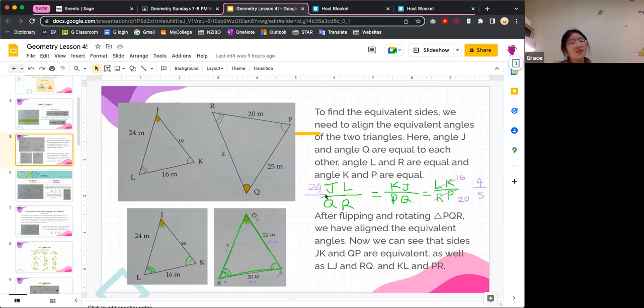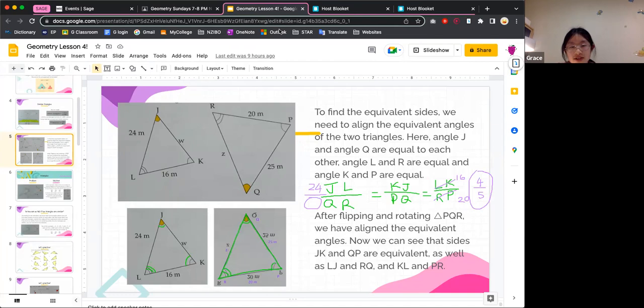And we want to find out what the bottom is. Now we know that this must be equal to 4/5. So we can use equivalent fractions to work out what the bottom is. Does anyone want to have a go at telling me what the bottom would be? This will be the length of QR.